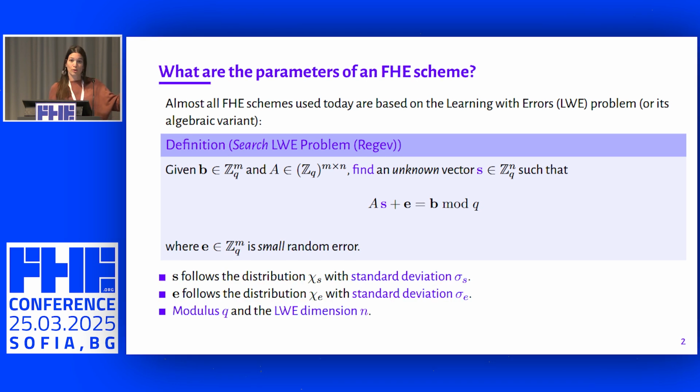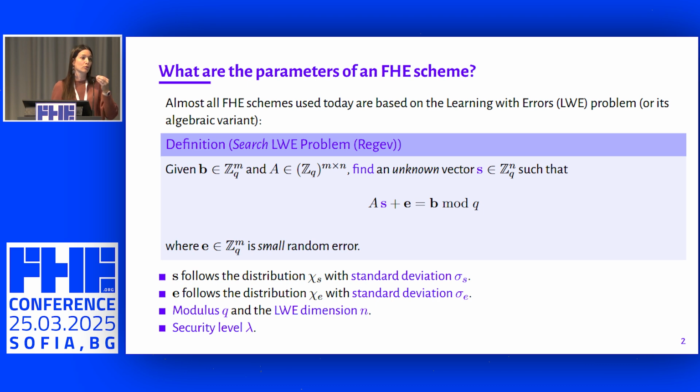To define this problem, we have to set 4 different parameters: the secret distribution S, the error distribution E, the modulus Q, and the dimension N. And when we set these parameters, by default, we also set the security, because the security is a function of these 4 parameters, as we are going to see later.